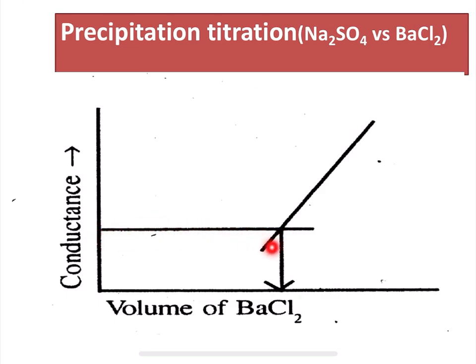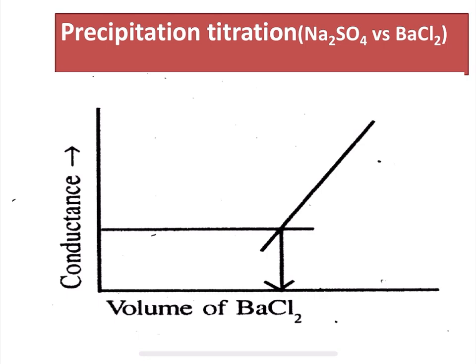Okay, so here this straight line and this slope explains the constant conductance which is observed practically till the end point. And once the end point is reached, what happens? All the sodium sulfate which was taken in the beaker is completely converted into NaCl and barium sulfate, so there is no sodium sulfate left.